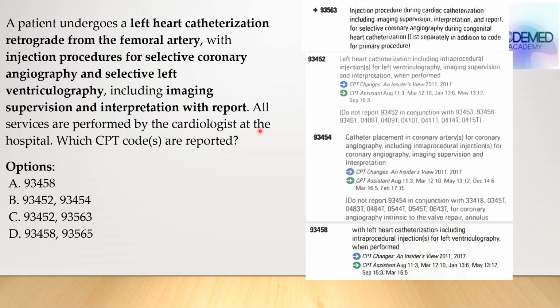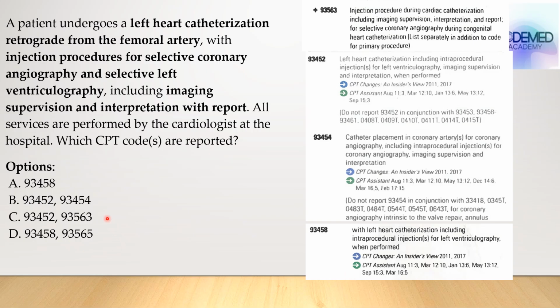Which CPT codes are reported? Now study the options very carefully and answer the question. If you see here, there are certain options which are indented, so this particular one is not a standalone code but an indented code. So read the language carefully and answer the question.